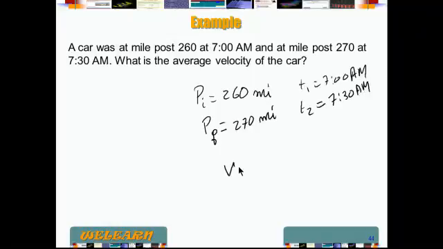So then average velocity is final position minus initial position over final time minus initial time.